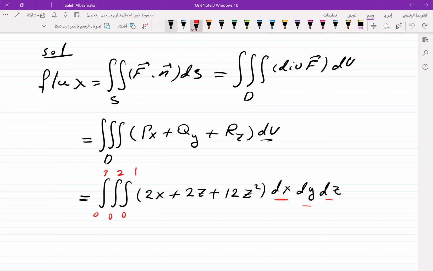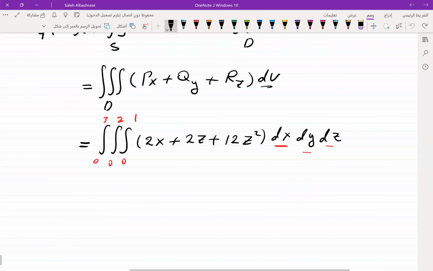Now we will evaluate this integration. So this is equal to the integral from 0 to 3, 0 to 2. We integrate with respect to x. This one will give me x squared.